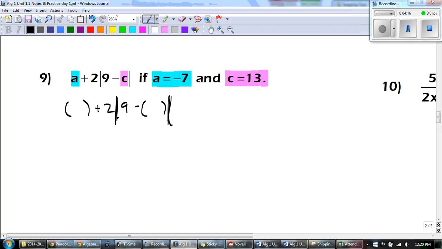Oh, absolute value, that's right. Okay, so I have a -7 there, and then the C was 13. Now, out front, that -7, it's kind of all by itself, so I'm just going to rewrite it. I need to do what's inside the absolute value first, so 9 minus 13 is -4.